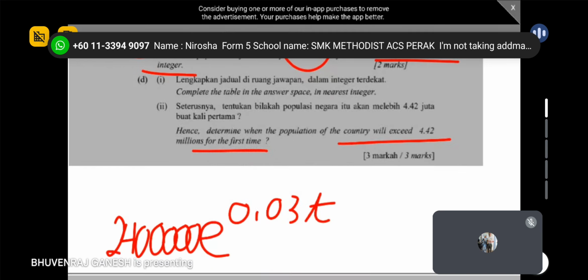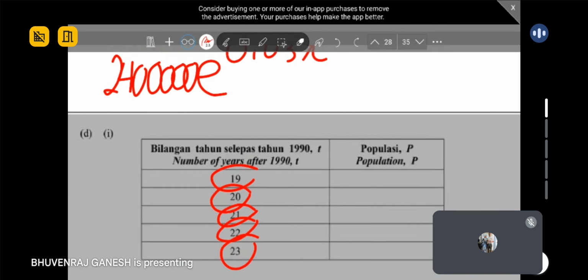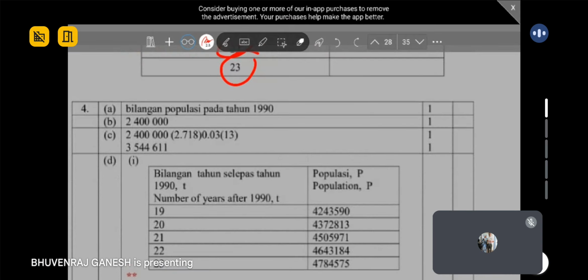You can refer to the table, guys. Okay, so which part, guys? Which year does it exceed 4.42 million? Anyone?